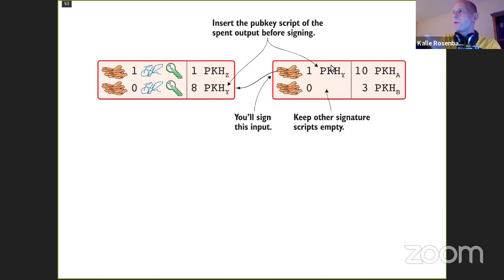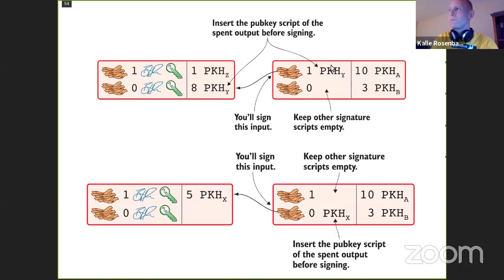Now you need to do the same and create a signature for the second input. You do the same dance again. You clear out all the signature data from this transaction, and you take the script pub key and put it in the signature script place here.